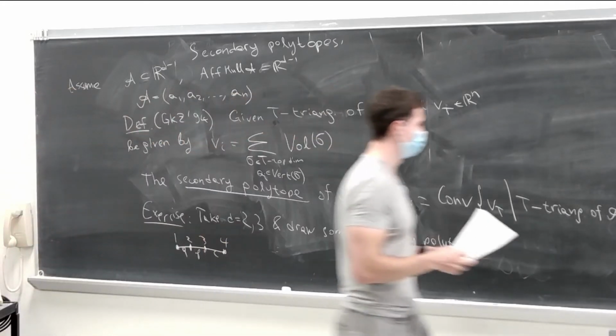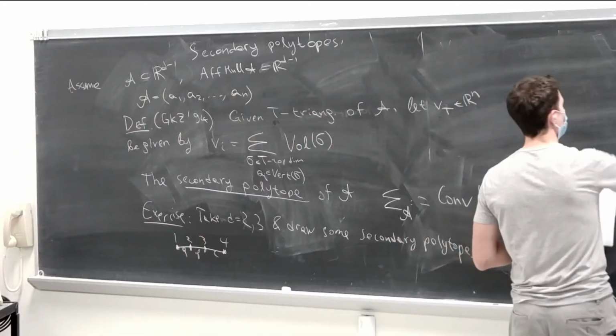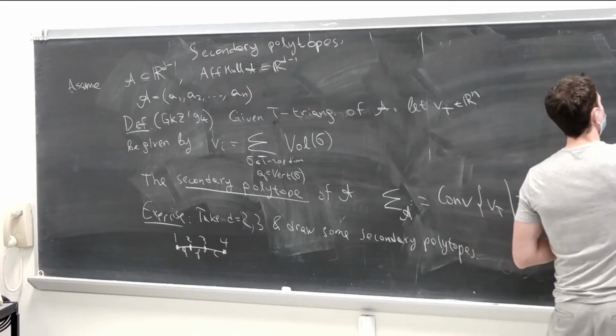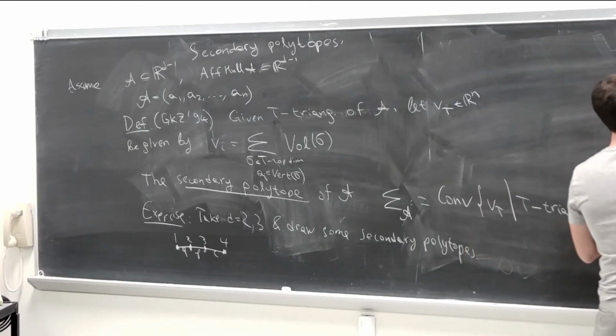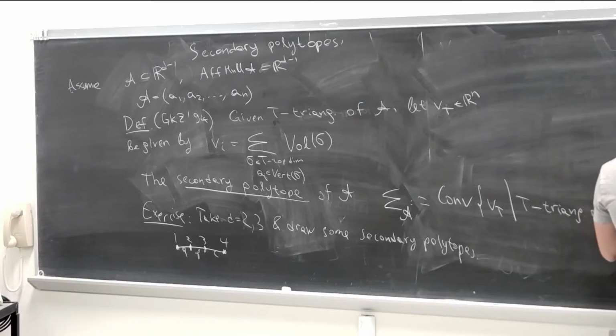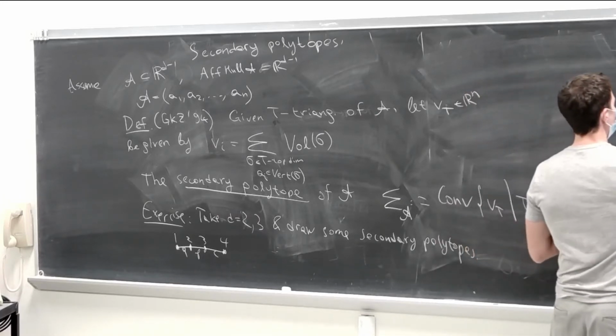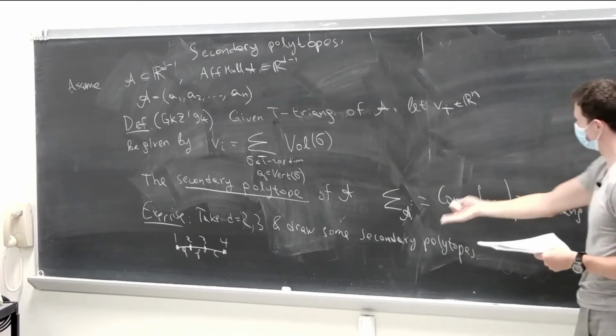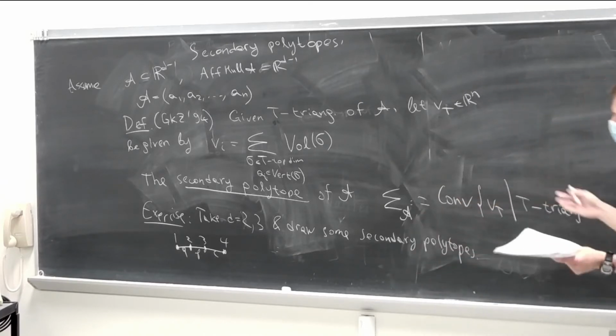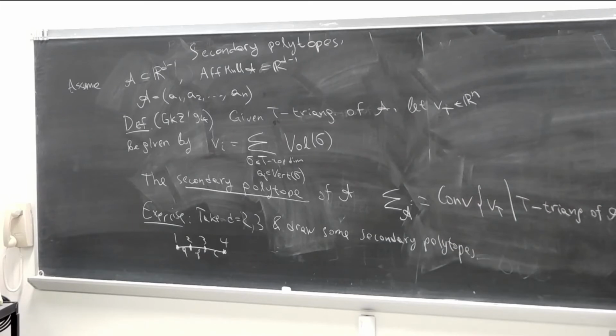But anyway, let me state a theorem. Theorem, PKZ94, is that there are 3 parts. First of all, this is clearly a polytope, the convex hull of a bunch of points. What is the dimension? The dimension of the secondary polytope is n minus d.